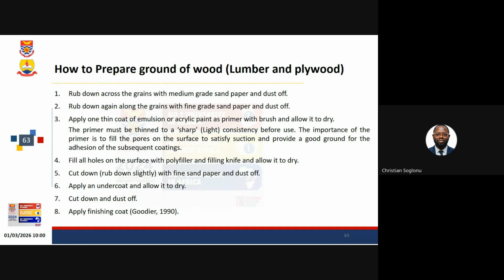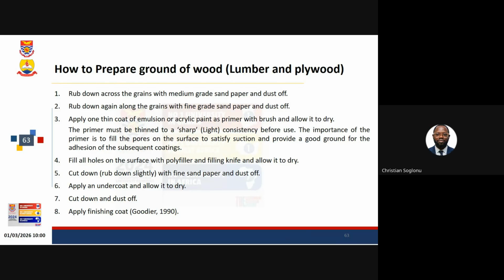Are you okay? Yes, sir, but I'm not that convinced because of the along and across that is showing up there. The first one is saying across, and the second one is saying along the grains. That's what is confusing me. I think the prepositions are trying to confuse me.